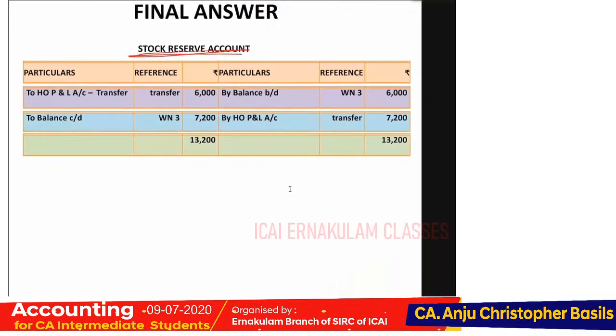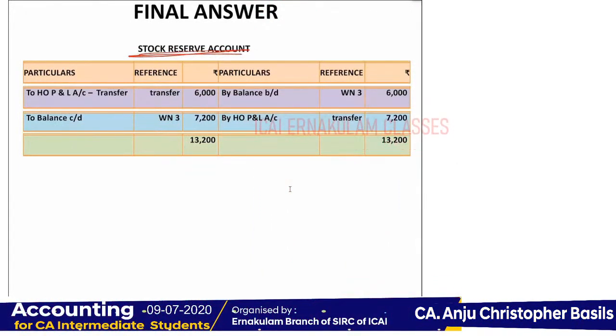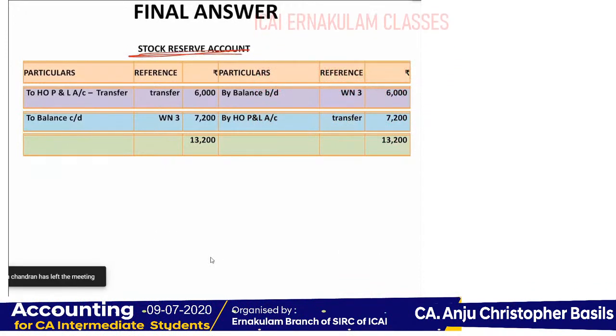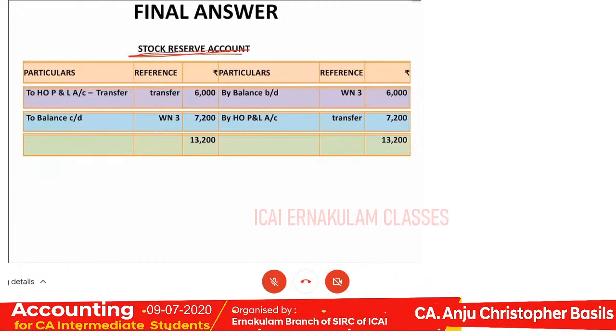So from 7,200 you reduce 6,000. So the balance 1,200 will be the net amount adjusted in the head office profit and loss account. So students, each stock reserve you compute and you transfer it to the head office P&L. That is it.